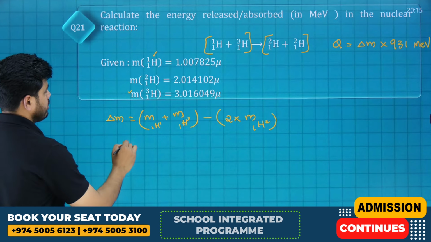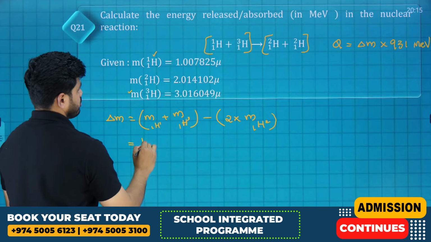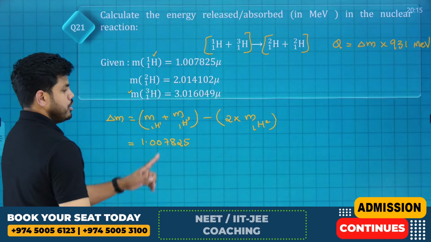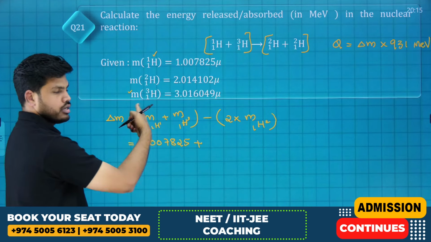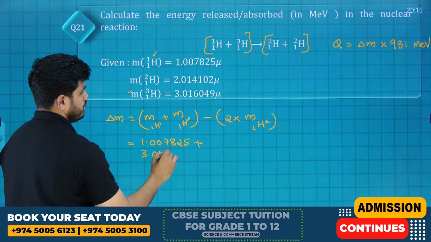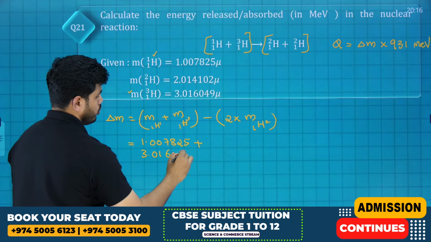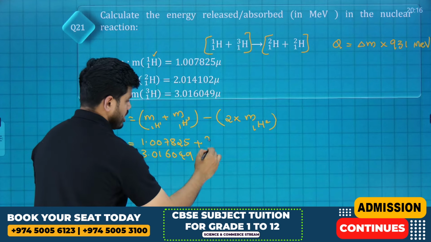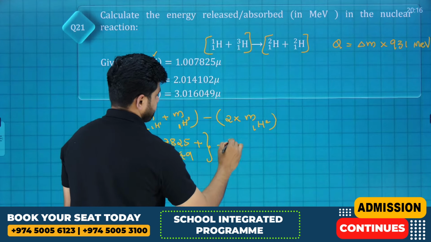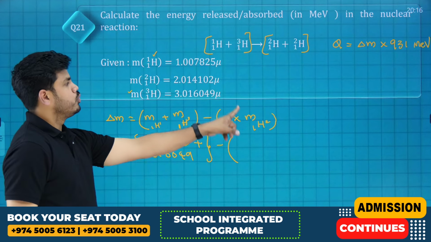Now we substitute the values. 1H1 is a proton only, 1.007825, plus the tritium one, that value is given, 3.016049. Then the sum of these two, minus 2 into the mass of deuterium.